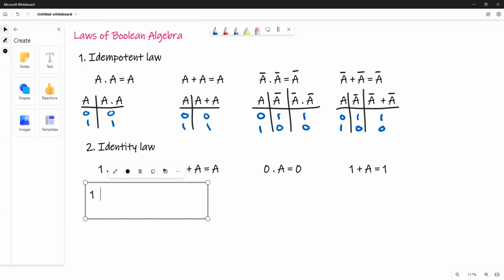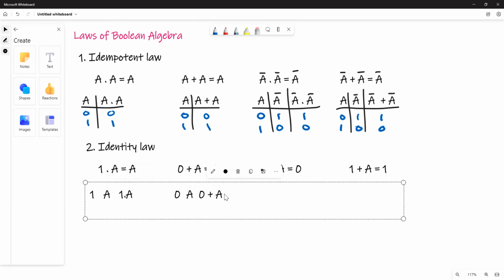We can have 1, we can have A. Then we have 1 dot A. Similarly here, we have 0, we have A. Then we have 0 plus A. And the next one, we have 0, then we have A, then we have the multiplication of 0 and A. Now here we have 1, we have A, we can have 1 plus A.